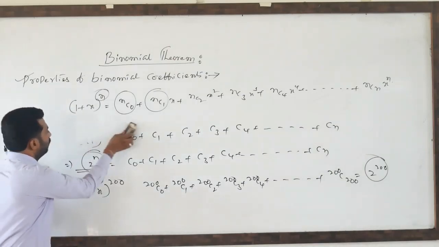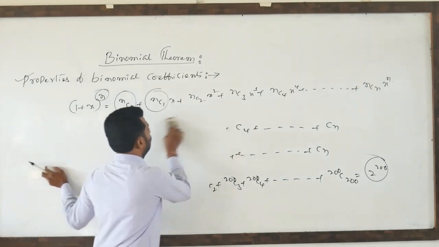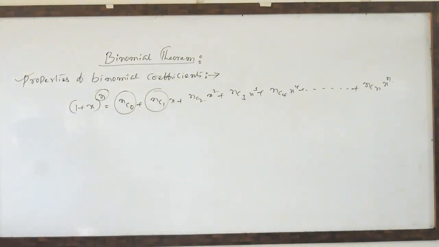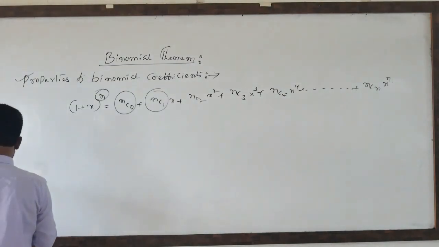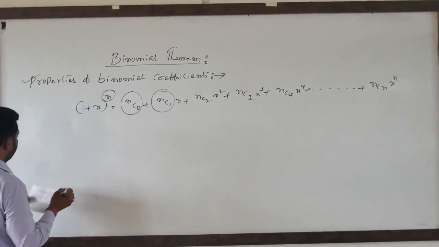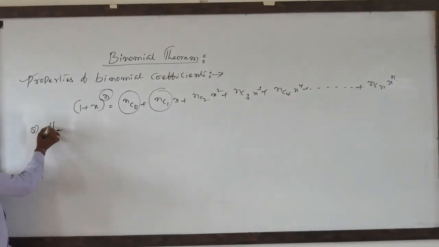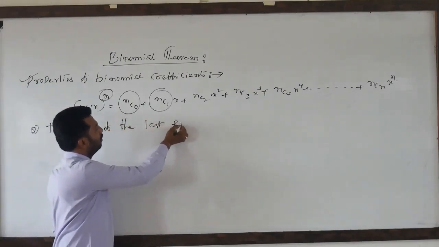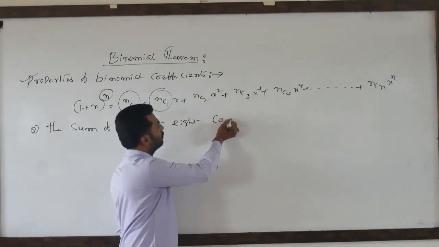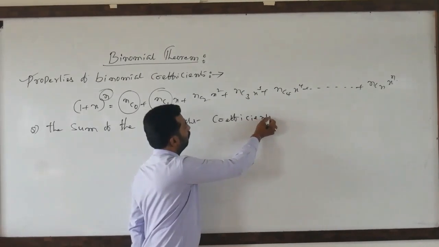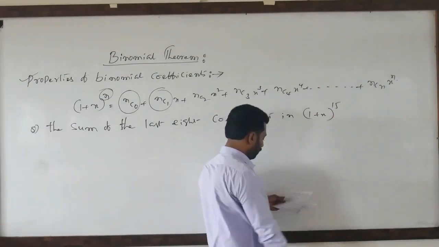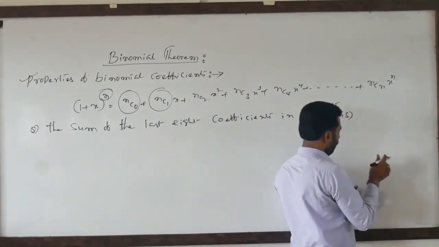Next. One problem you observe. The sum of the last 8 coefficients in (1 + x) to the power 15 is, see here, options.